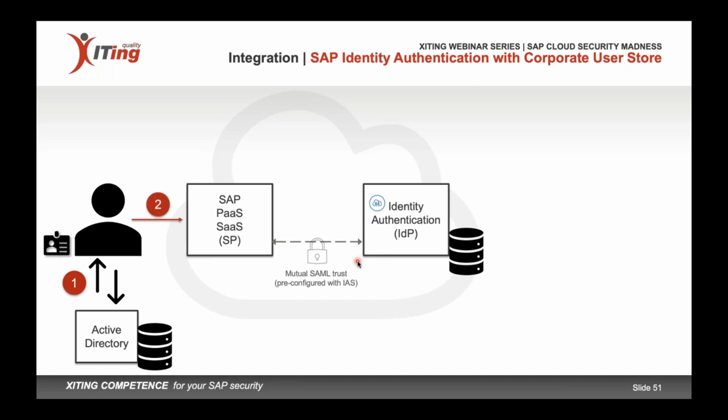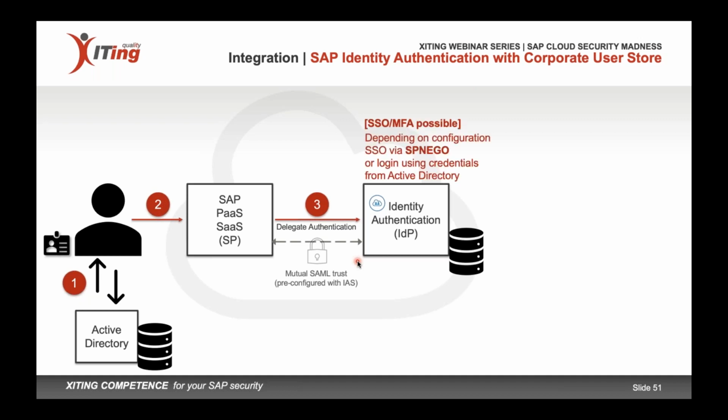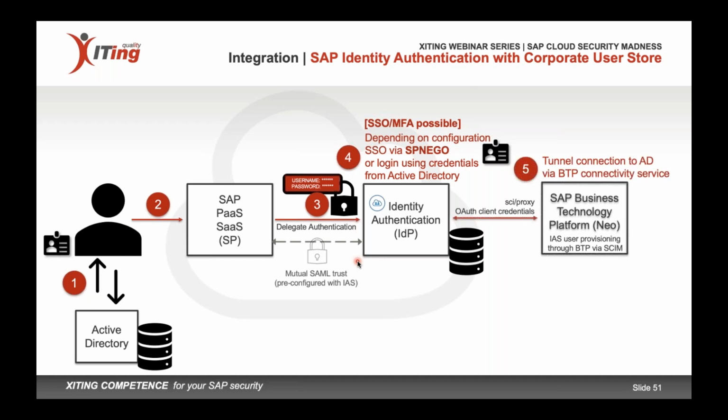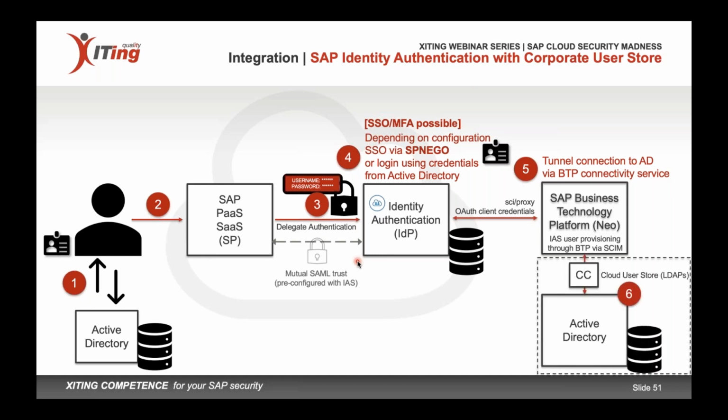So the idea is user authenticates, authentication will be delegated, and now the idea is to either use a login credential from Active Directory or to use the existing Kerberos ticket for authentication at the IaaS. So technically, this happens through integration to the business technology platform that in turn uses the cloud connector to really perform the LDAP lookup using the cloud connector.